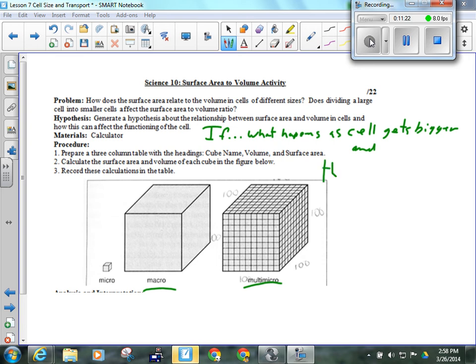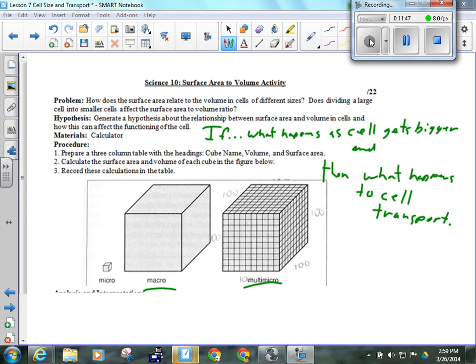The then part, tell me what's going to happen to the functioning of and the transport within the cell. So that's what we're looking for in our hypothesis. That's pretty much a dead giveaway there. Everybody should get 4 or 5 out of 5 on their hypothesis now.